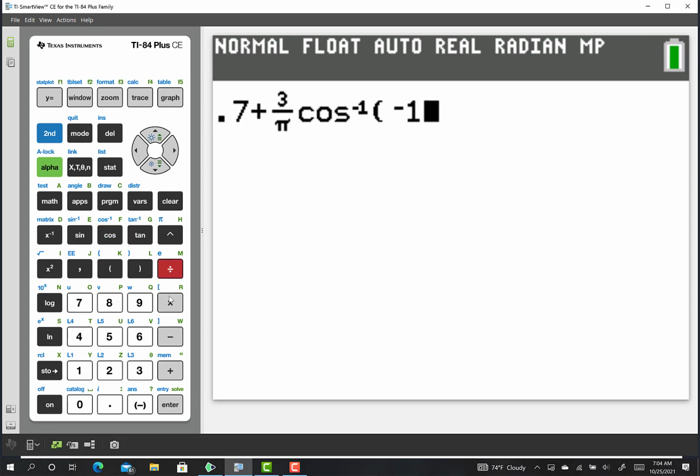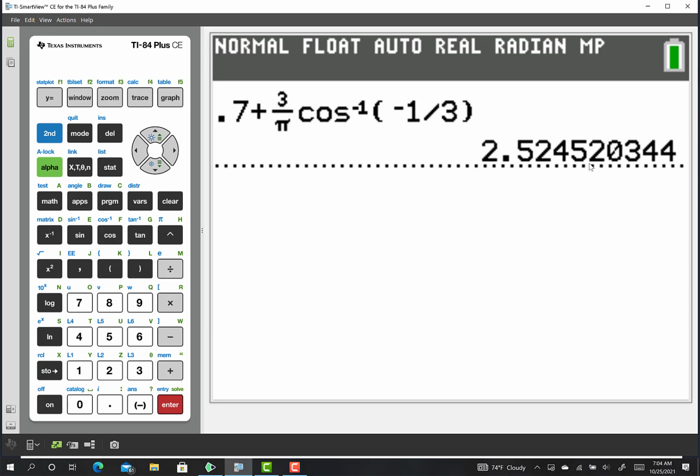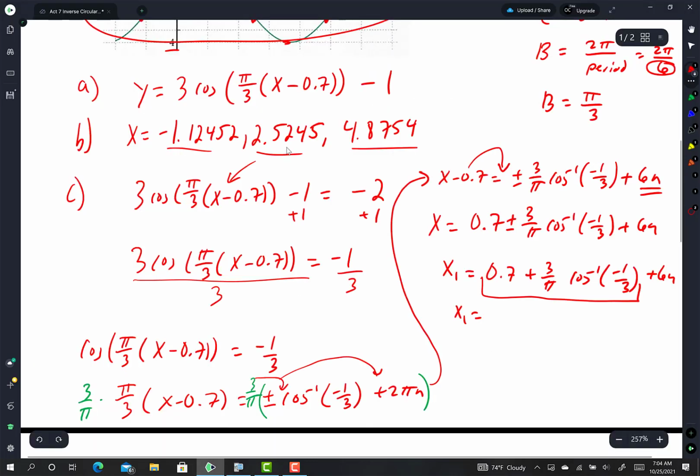Negative 1/3. Enter. 2.5245. And sure enough, there it is, it's that one. 2.5245 plus 6n.